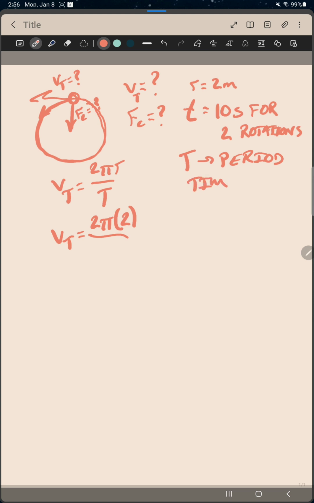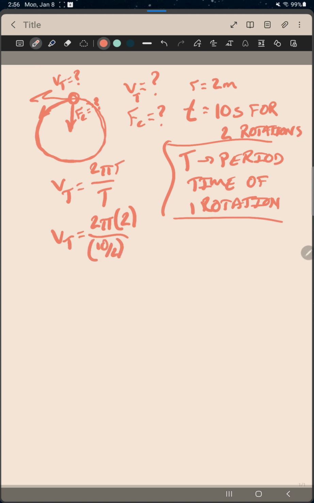So, time of 1 rotation. All right, that's a little side thought. The time they gave us was for 2 rotations, so all we have to do is 10 divided by 2, and that's our period.